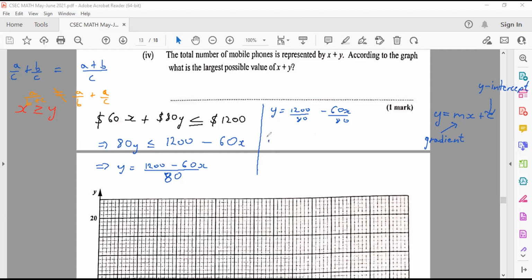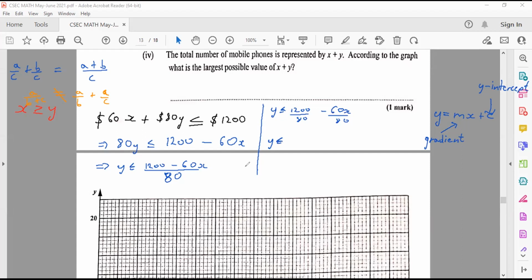Excuse me, sir, I have a question. On the other side, sir, how did I get 80y to equal 1200 minus 60x? Oh, I have an equal sign, right? It's supposed to be less than or equal to. Thank you very much. I changed my inequality without even knowing. My apologies.